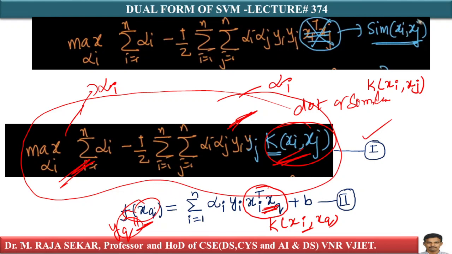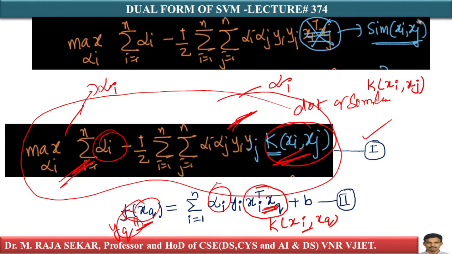We are getting alpha i's from equation 1, and I can make use of those alpha i's. Now I can calculate yq. What is my yq? That is f of xq, sigma I equal to 1 to n alpha I yi xi transpose xq, isn't it?